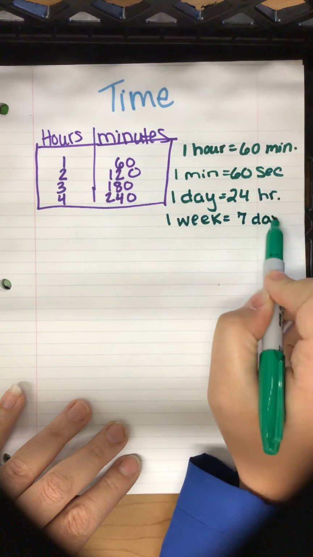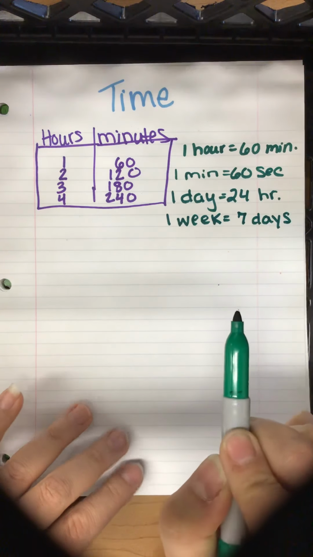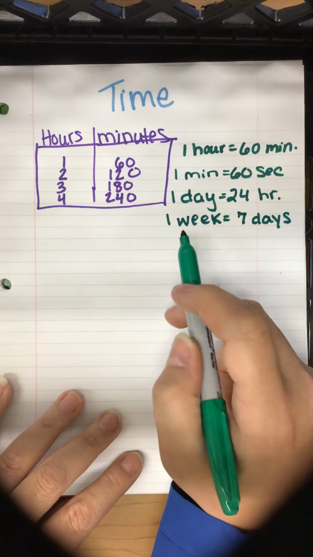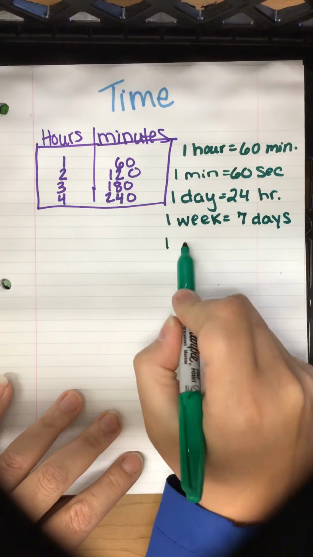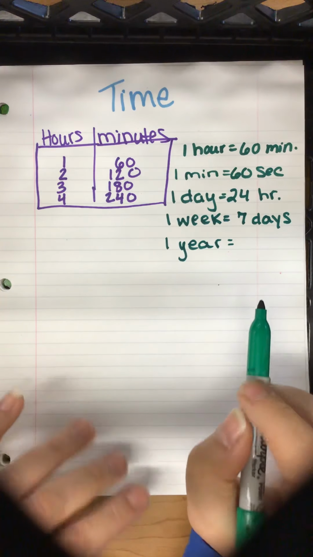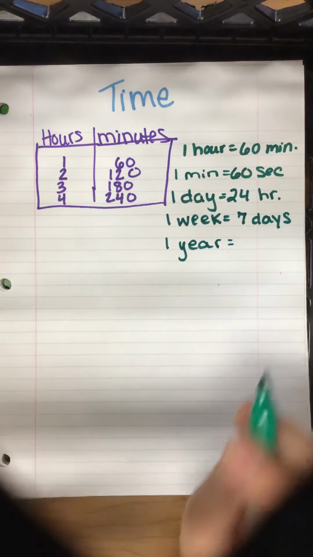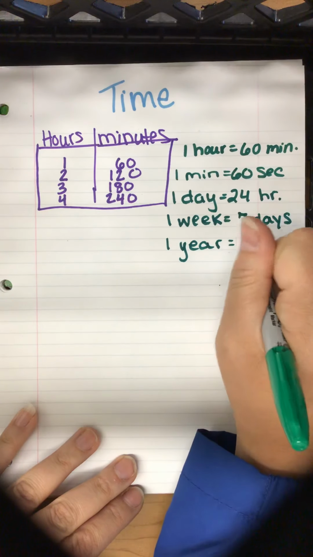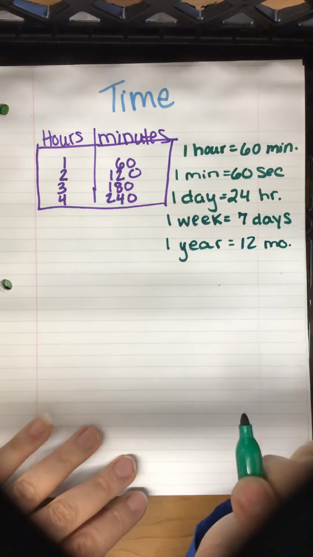Hopefully you said 7. Okay. And if we go longer than a week, we go to a year. I'm going to tell you why we're skipping month in a minute. How many months are in a year? 12. MO is what I'm going to write down there.